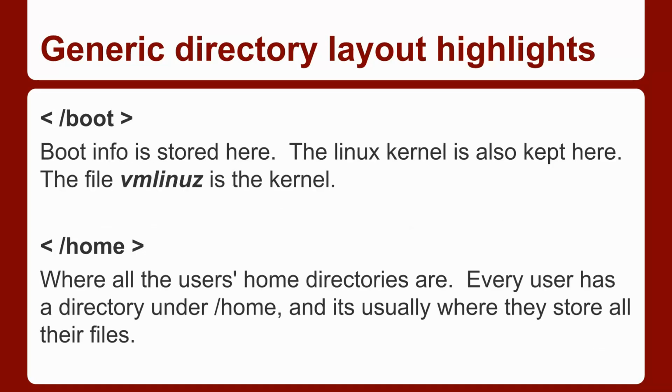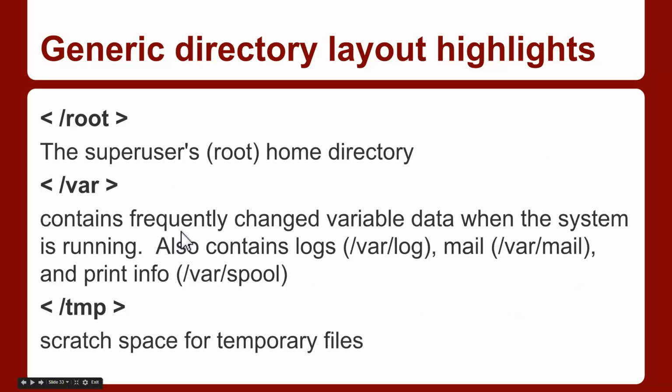/boot contains the boot info. The Linux kernel is kept here, and that is usually going to be the vmlinuz file. That is typically the kernel. /home is where all the users' home directories typically are, and with the main exception of root, every user has a directory under home, and it's where all their files are stored by default. /root is the superuser or UID 0's home directory.